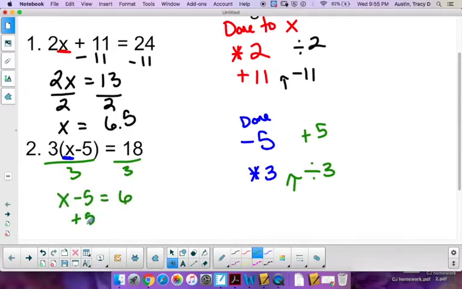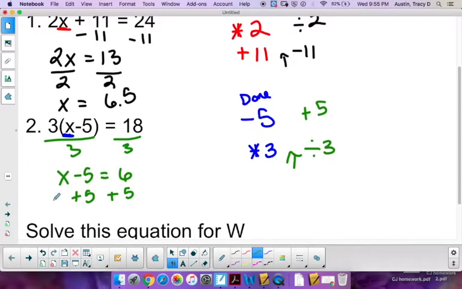Now, that is not to say that if you distributed that out and got 3x minus 15 and solved that way, you couldn't have. That's fine. You would have gotten 3x minus 15 equals 18, and that's basically the same as the first equation. What have you done to the x?